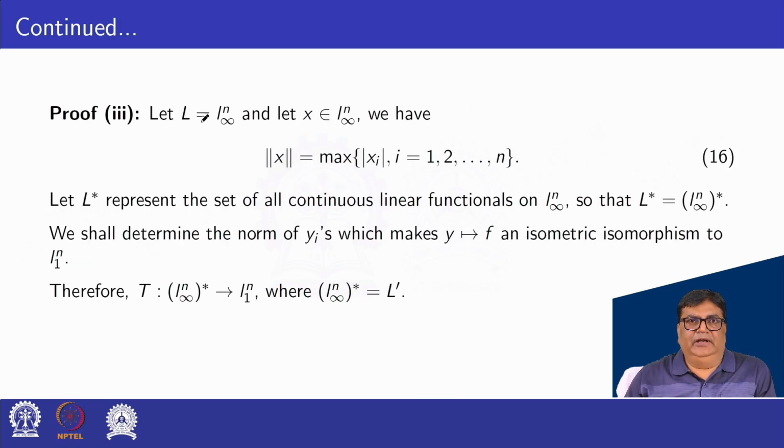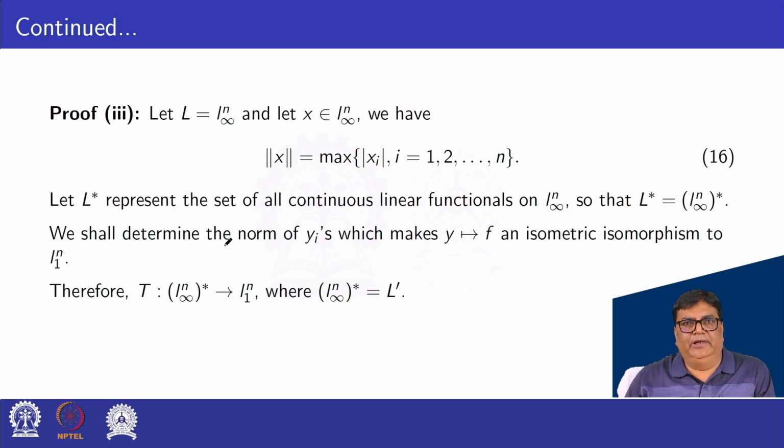Third, let L equal to L infinity n and let x belonging to L infinity n. We have norm x defined as max of mod xi, as per the definition of L infinity n norm. Let L star represent the set of all continuous linear functionals on L infinity n, so that L star equals the star of L infinity n.